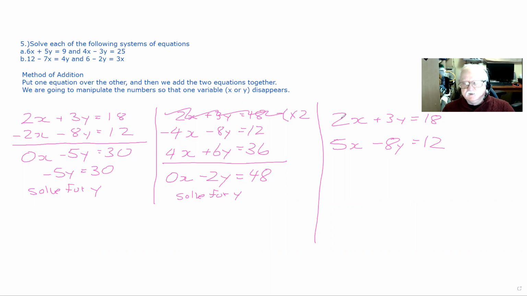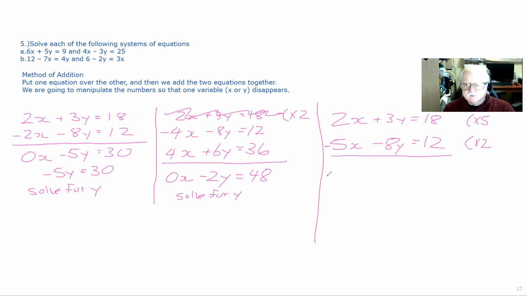Now we can see that there's nothing we could multiply the 2 by to make it equal to 5, at least no whole number, and nothing we could multiply 3 by to make it equal to 8. So we need a common multiple. If we're eliminating the x, the common multiple would be 10. So we'd multiply this equation by 5 and this one by 2. This one still has to be negative because something has to end up dropping out.